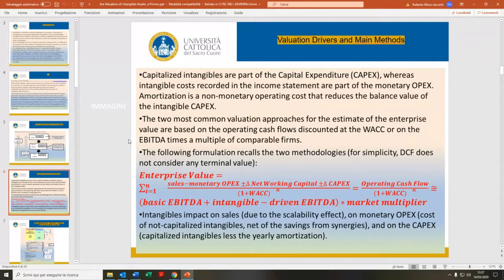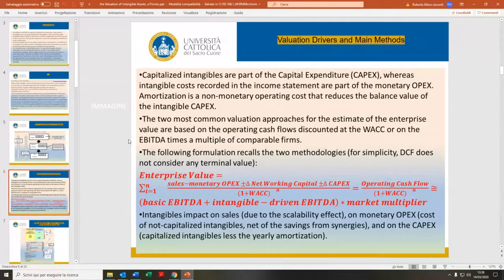There are two most common valuation approaches for the evaluation of firms, and they are based on discounted cash flows. Operating cash flows are discounted at the weighted average cost of capital. Net cash flows belonging to shareholders are discounted at the cost of equity. Or we can use market multipliers, for instance, using the earnings before interest, taxes, depreciation, and amortization, times a multiple of comparable firms.